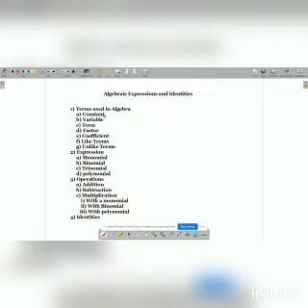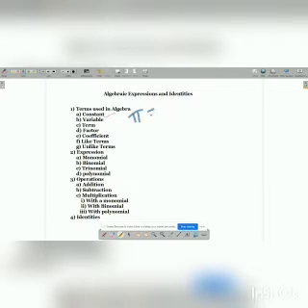The first one is a constant. Constant itself refers to the quantity whose value cannot be changed. For example, if I take this symbol, everyone knows this symbol, it is pi.